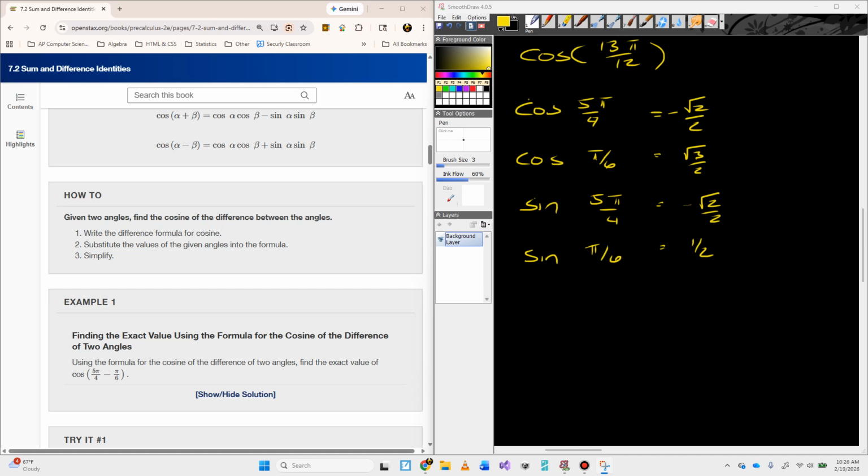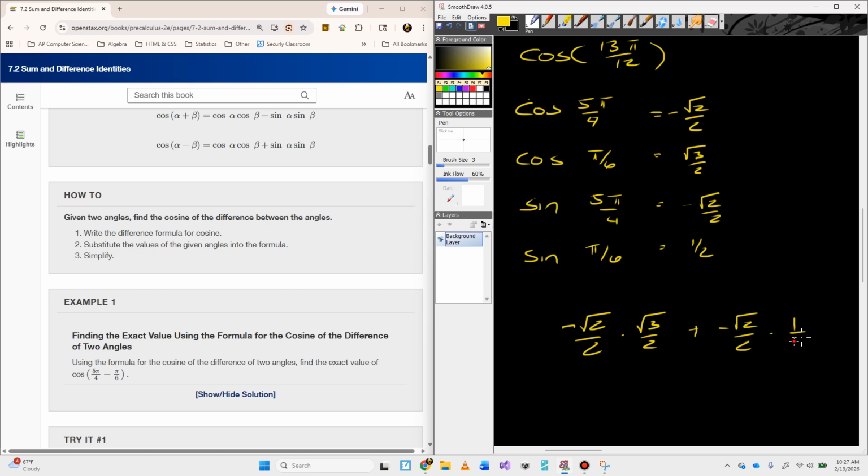The cosine of alpha, which is this value here, negative square root of 2 over 2. Cosine of beta, that's this value over here. So that's going to be multiplied by the square root of 3 over 2. That's going to be added to the sine of alpha, that's this right here, negative square root of 2 over 2. That's going to be multiplied into this sine beta, which is pi over 6.